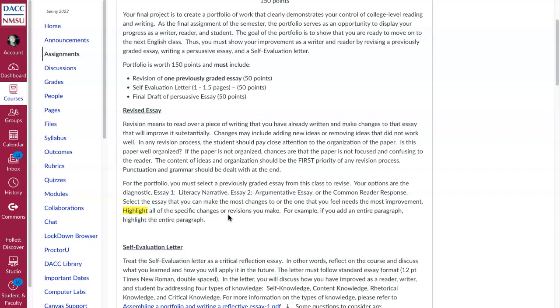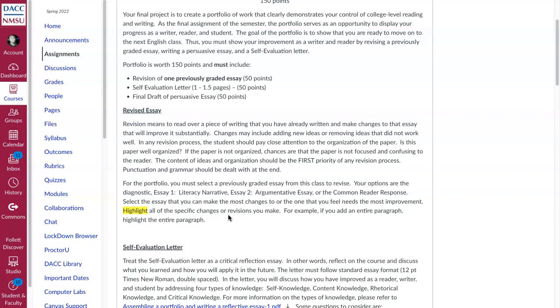That way I can visually see what you are adding. So by highlighting it, it's visually clear that you made a lot of revisions. If you only make a revision here and there, then obviously that will affect your grade for this essay.